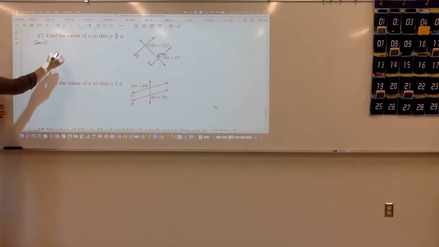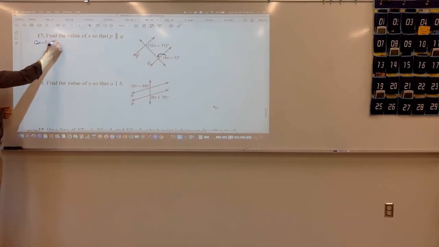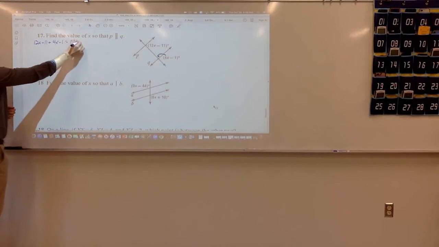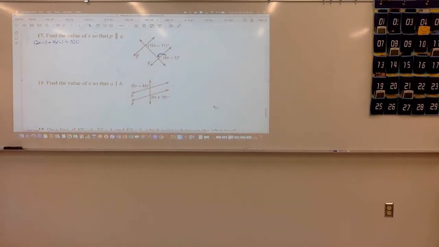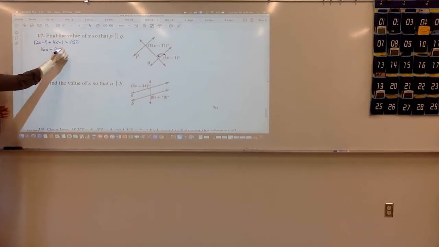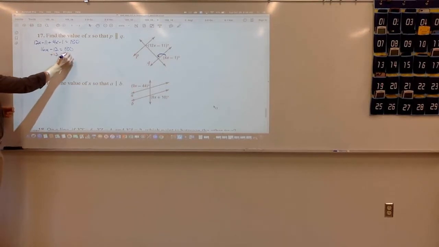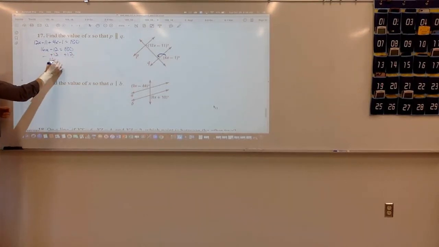My setup is 12x minus 11 plus 4x minus 1 equals 180. Combine like terms: 16x, negative 11 minus 1 is negative 12. Add 12 over. Get 16x equals 192. Divide both sides by 16. What is that, 12?